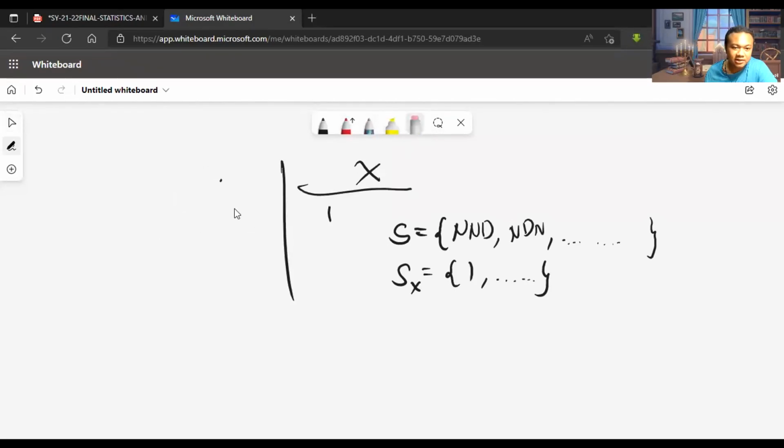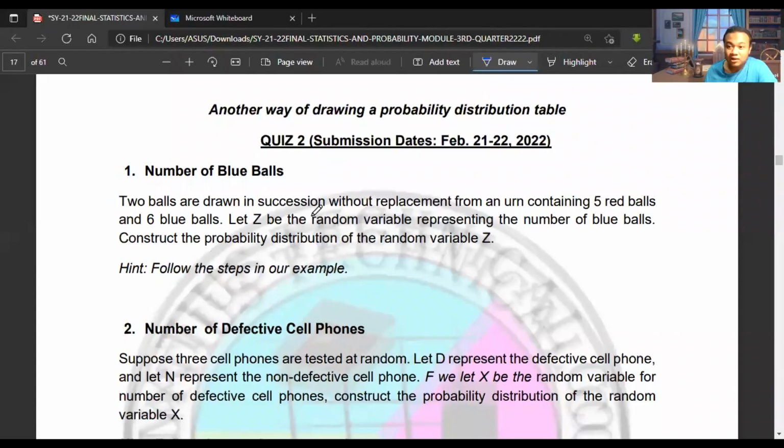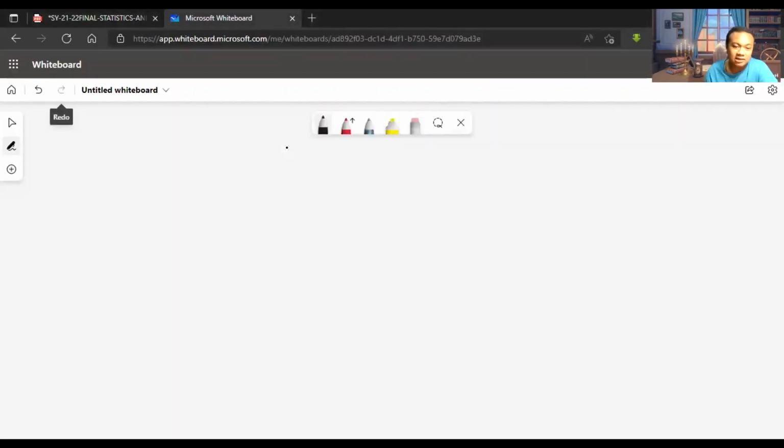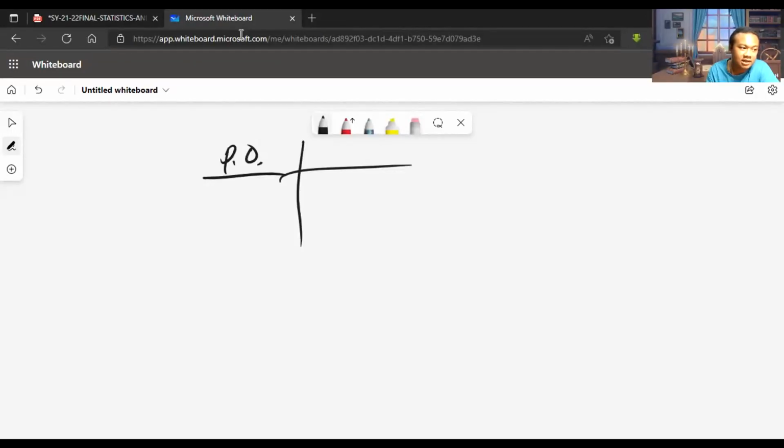Focusing on our example: two balls are drawn in succession, so just two. The possible outcomes are only blue or red. So just count. One is RR. The random variable z is the number of blue balls.